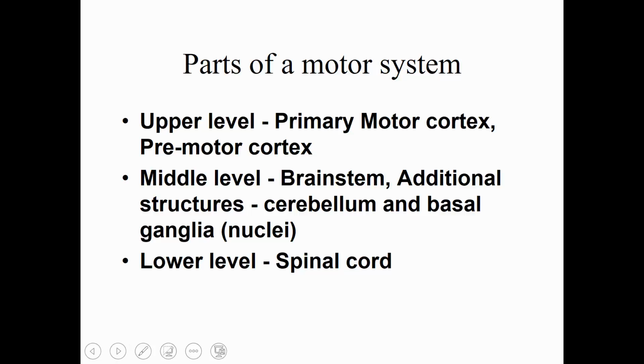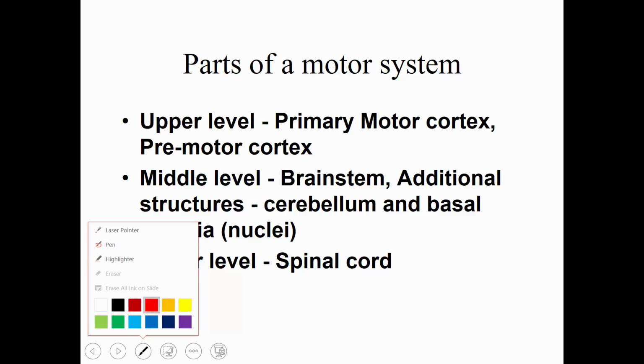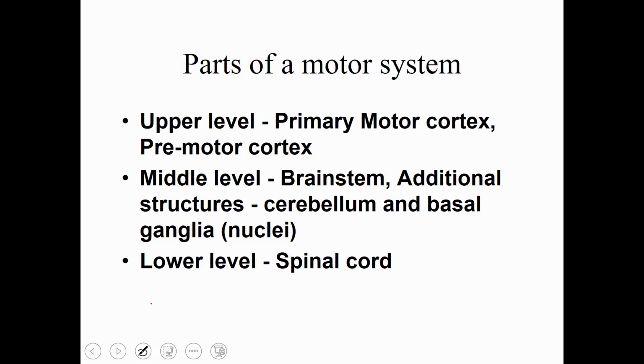So when we talk about a motor system in humans and non-human primates, we have three parts of the motor system. We have an upper level, a middle level, and a lower level.